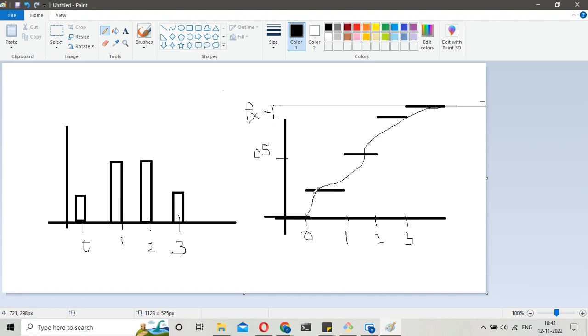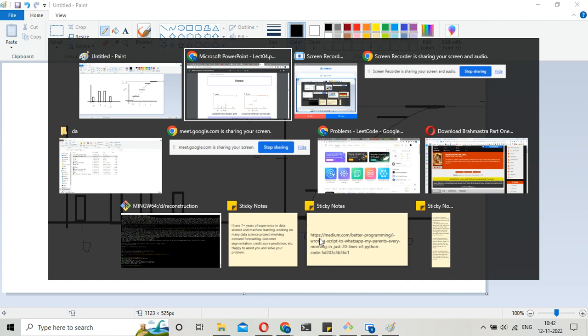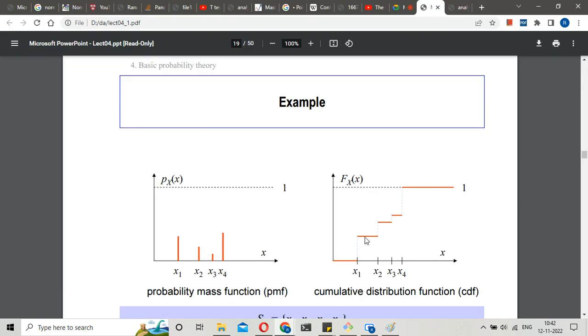Yeah, correct. Zero number of tails is nothing but one chance, all heads. So that is 1 by 8. So we are saying 0 and not including 1. How this PMF comes here: if you see this graph, we are saying till x1 it will be 0, from x1 onward till x2, but x2 is not included.